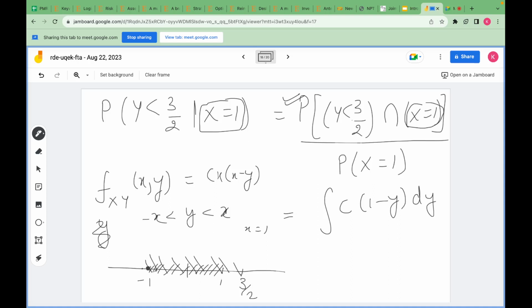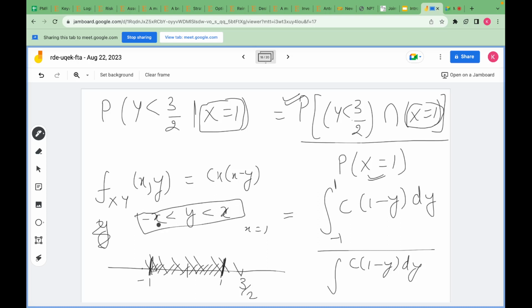So the intersection for these two ranges is from minus 1 to 1. So that's why the limit here is from minus 1 to 1. And when we are given that x is equal to 1, we can just put the value of 1 here, which will be c(1 minus y) dy, and y will range only according to this condition, that y will vary from minus x to x. So x is 1, so it will vary from minus 1 to 1.